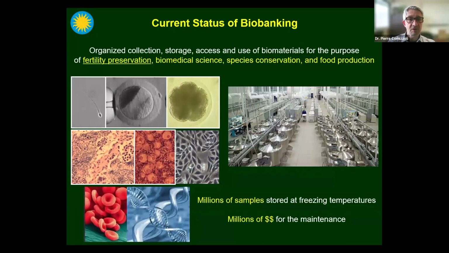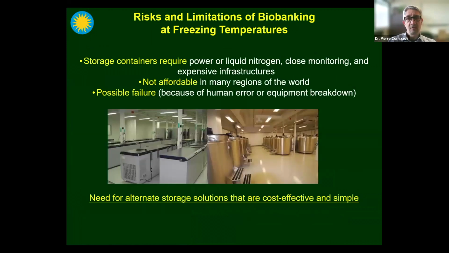And as you can imagine, the maintenance and curation of the samples costs a lot of money. So we also need to think of the risks and limitations of liquid nitrogen storage, especially for germplasm, because as you know, they require constant monitoring and specialized facilities. Even ultra-low freezers require a lot of power.